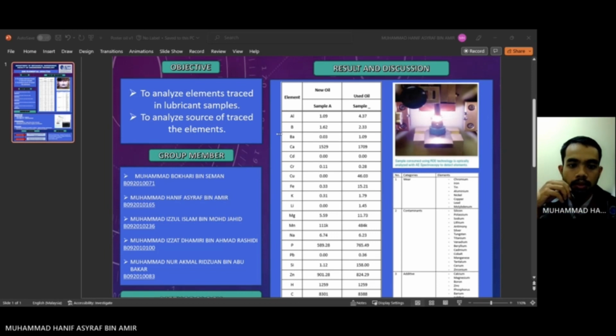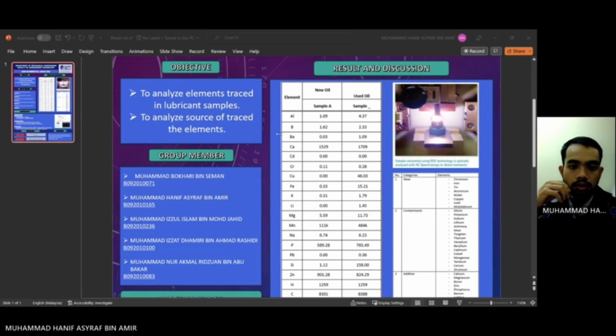Other than that, there are some contaminants in the oil, as we can see comparing the new oil to the used oil result.